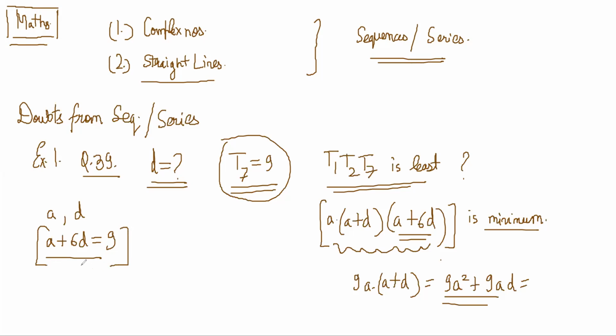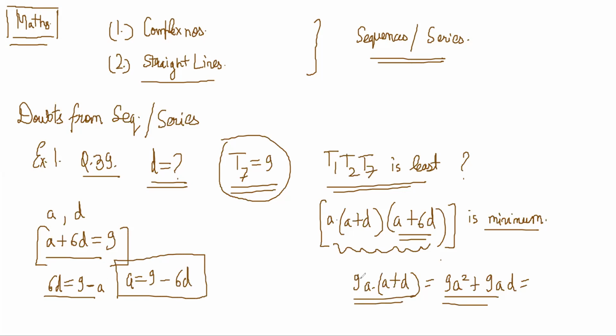A plus 6D is 9 tells you that A is equal to 9 minus 6D.